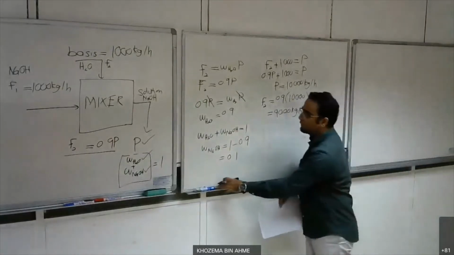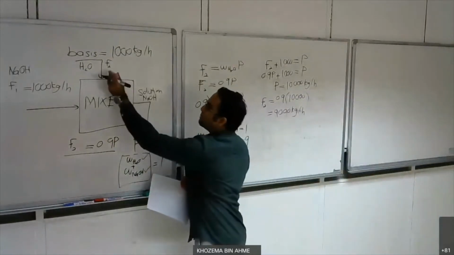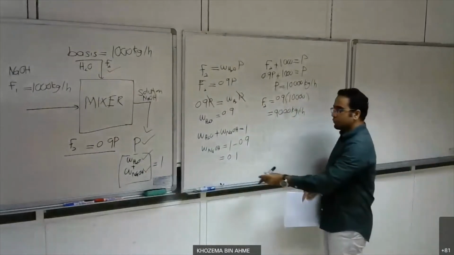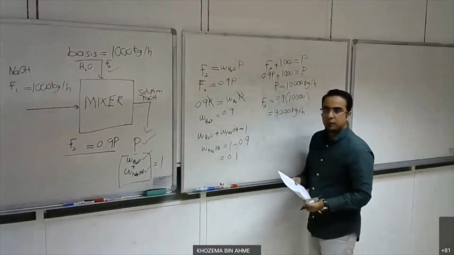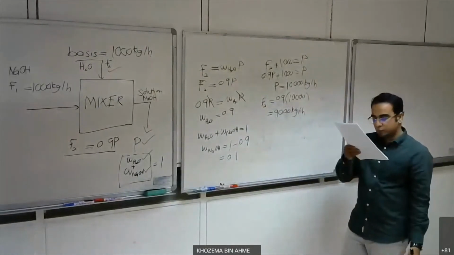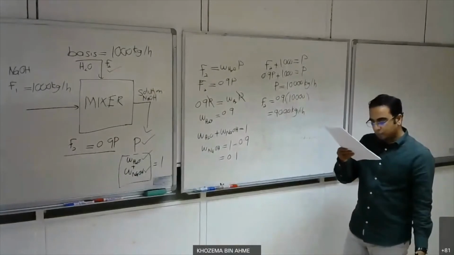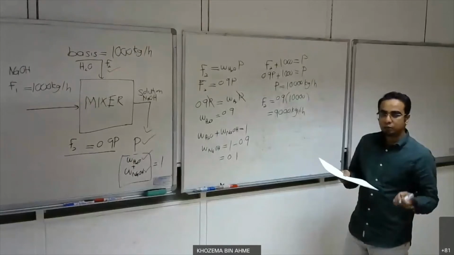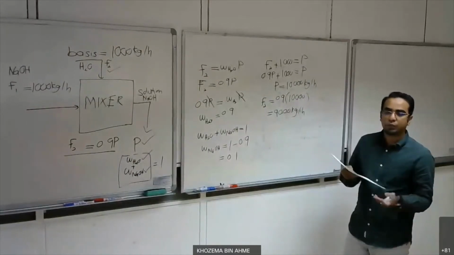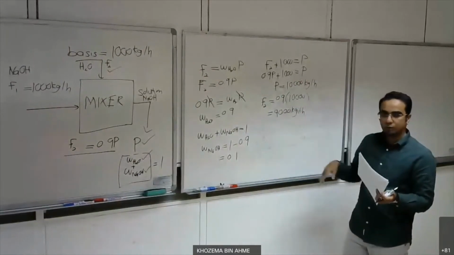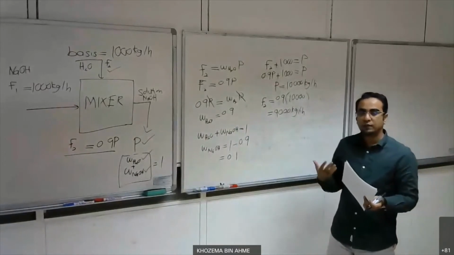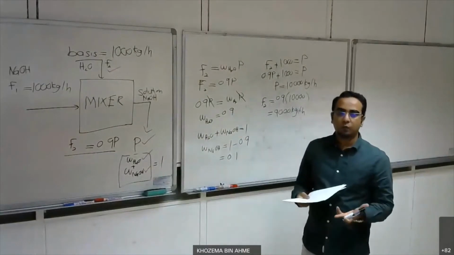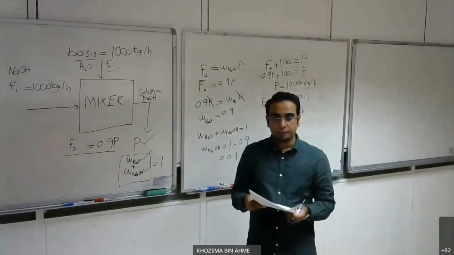So I have gotten the value of F2. Now this is one way to solve this question. Let's say you want to solve another way, for example by doing a balance on NaOH. Can you do that? Yes, you can use whatever equation is possible. Usually we try to find the easiest way to solve our question. That is how we solve example number 1.